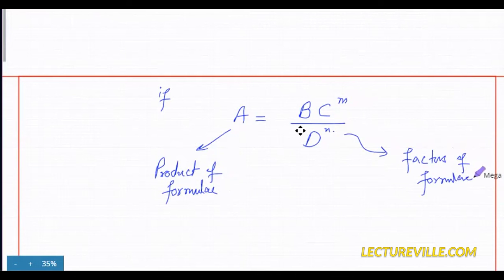We will consider them the same. So remember, this is a very important line.